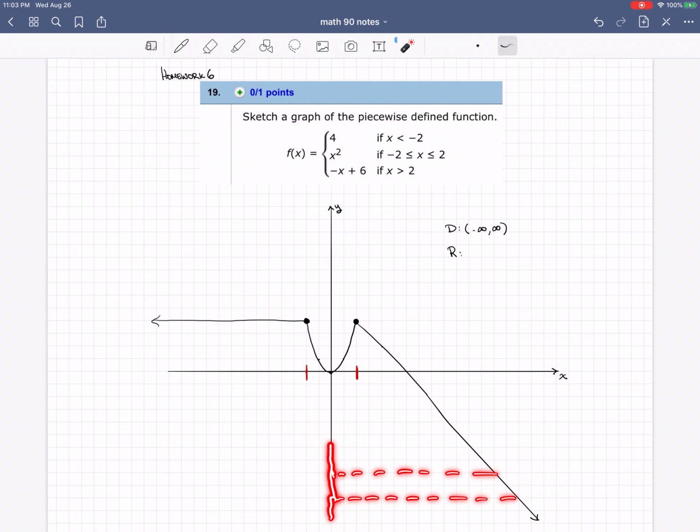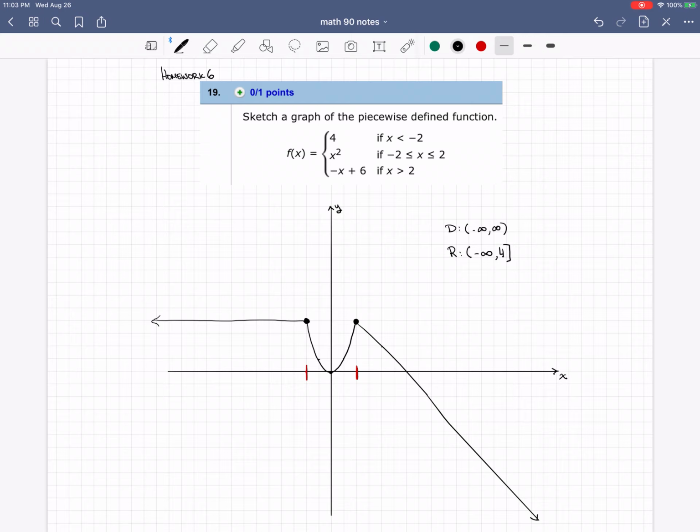All of these y values have points on the graph that correspond to them. And everything is fine and dandy until you get here. There is at least one point whose y coordinate is 4. But there's nothing happening after here. There is no point on this graph with a y coordinate greater than 4. So the range of this function is everything up to and including 4. But the range stops at 4.